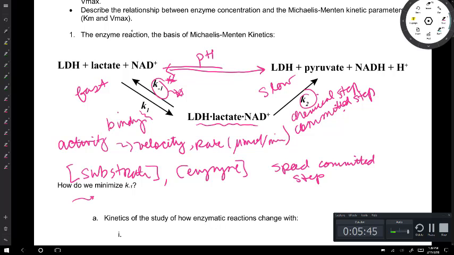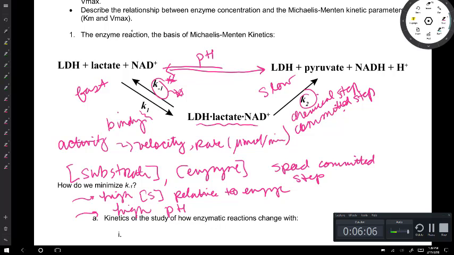The way that we can do that is to have a really high substrate concentration relative to enzyme. And in the case of the forward reaction, we can keep the reaction at a high pH to ensure, again, that the forward reaction rather than the reverse reaction is favored.